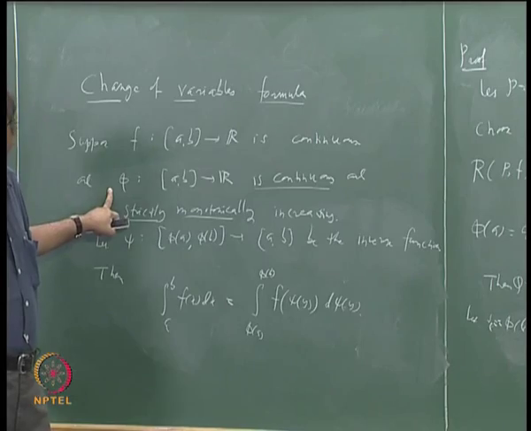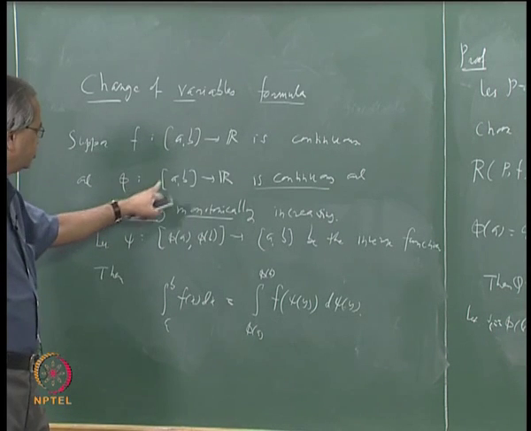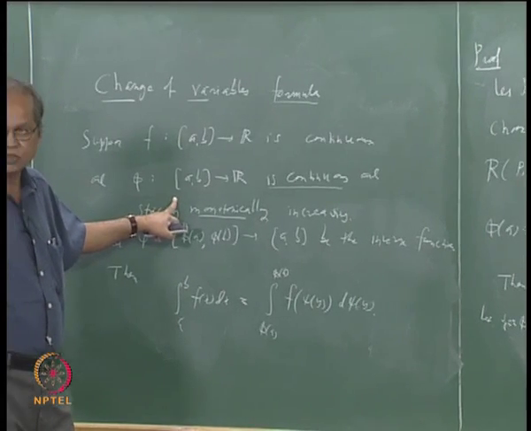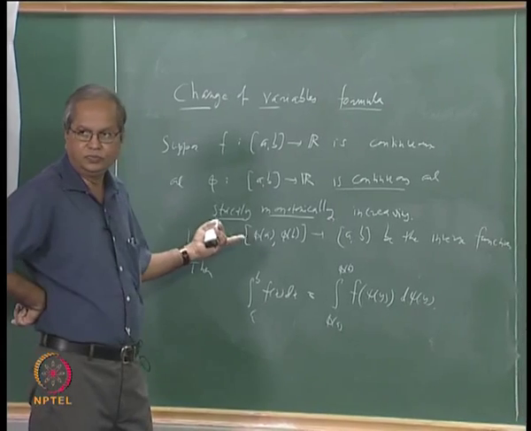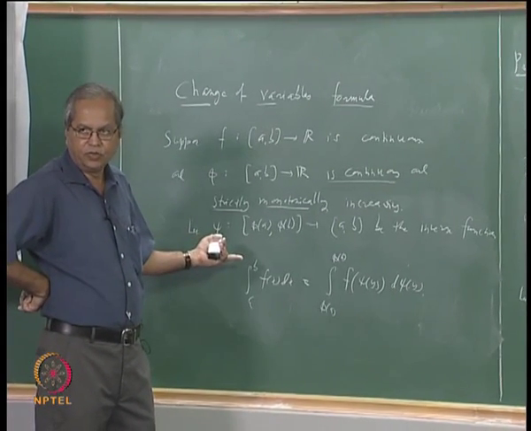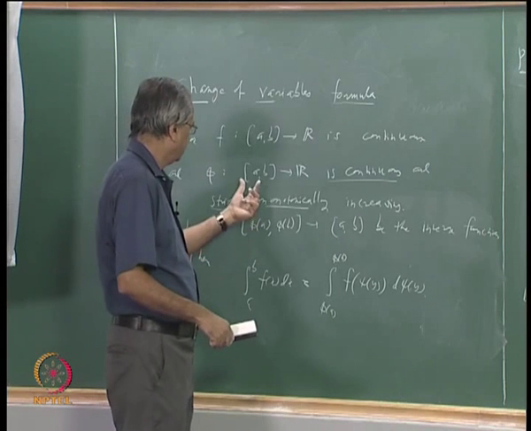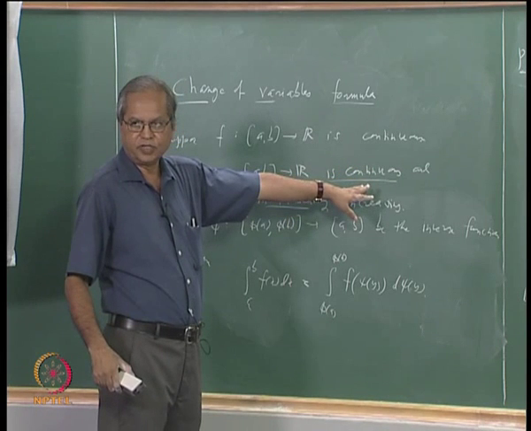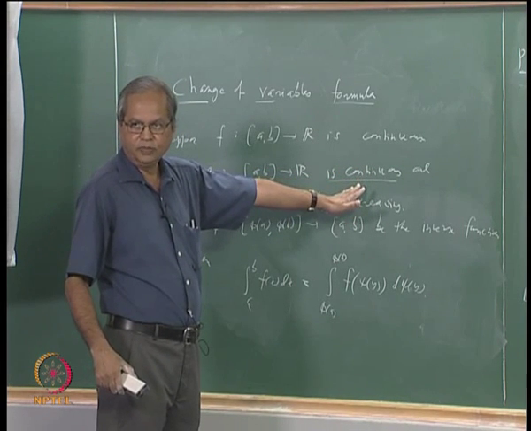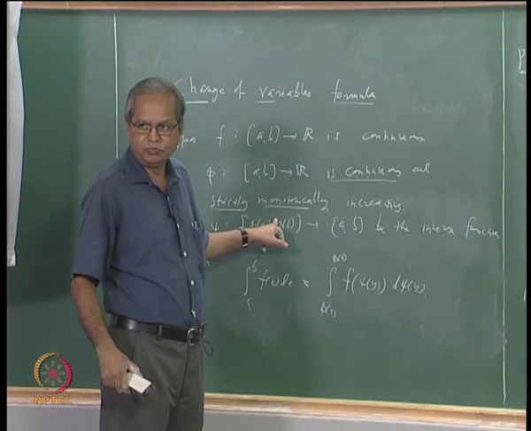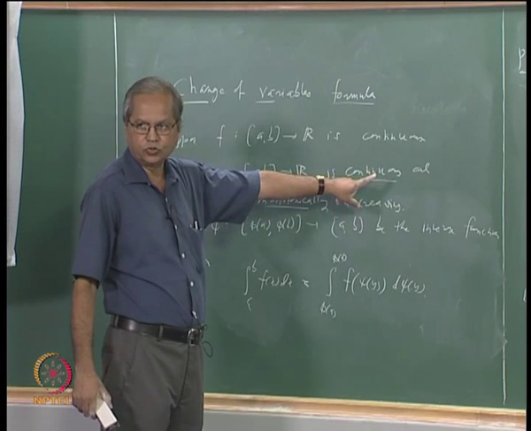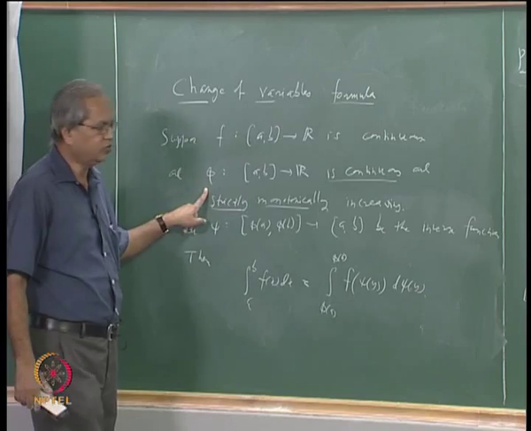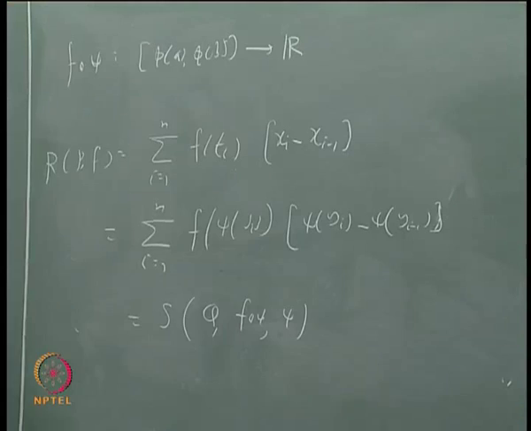Phi is continuous on a closed and bounded interval, hence it is uniformly continuous. So given any epsilon, you can find a delta such that whenever x_i minus x_{i-1} is less than delta, phi(x_i) minus phi(x_{i-1}) is less than epsilon. So whenever the mesh of the partition P goes to 0, the mesh of the partition Q also goes to 0. That follows from the uniform continuity of phi.